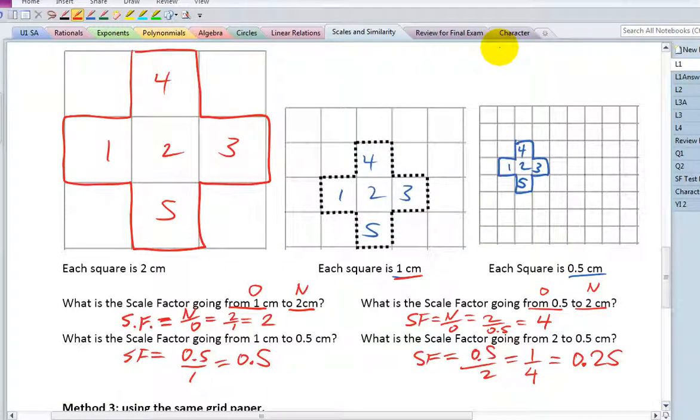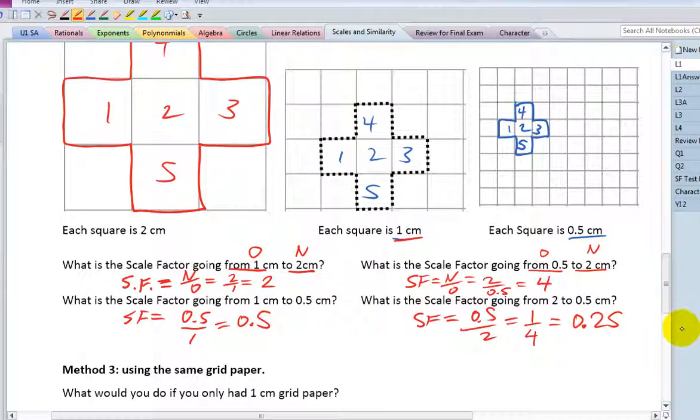Okay, so there are 4 different scale factors that are possible for this. When you're looking in your homework, find the scale factor, match it with the paper size that you need to use.